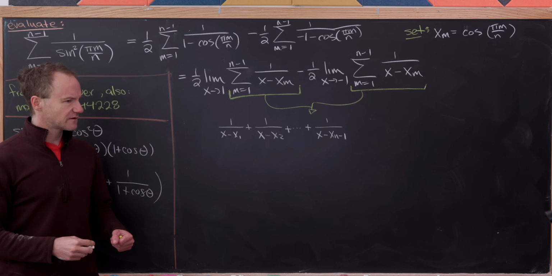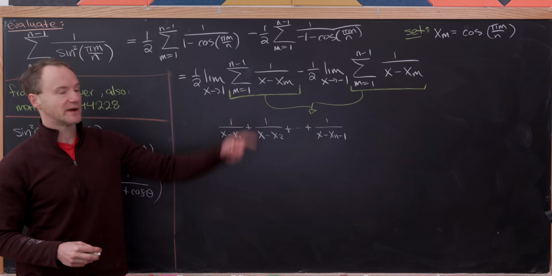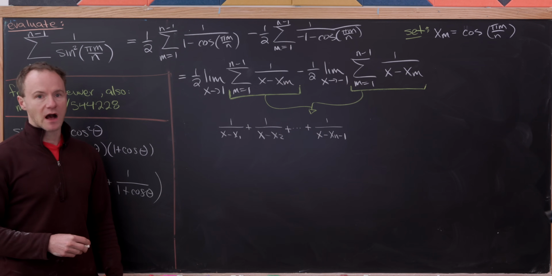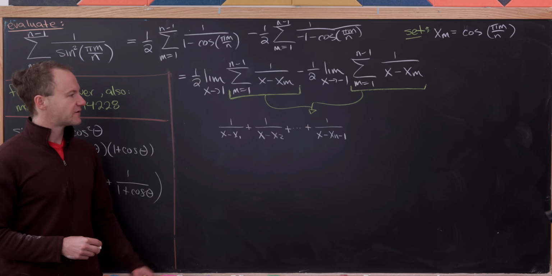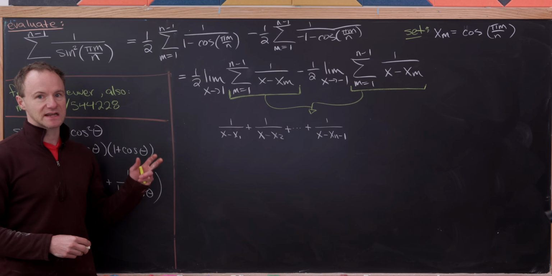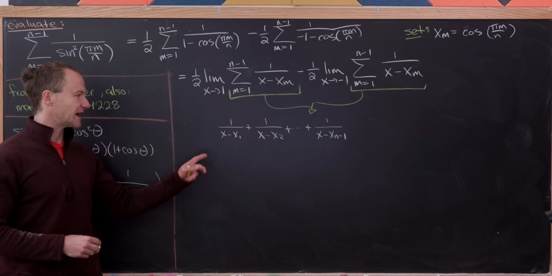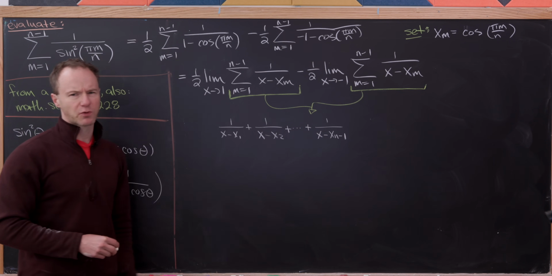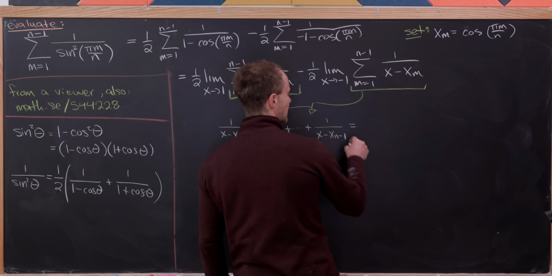But now let's observe that, assuming that all those x sub i's are different, which they are based off of our definition over there, a common denominator will simply be the product. Furthermore, each of the summands in the numerator will be a product of everything except one of the terms, depending on which portion of the fraction it came from. So in other words, it's going to look like this.